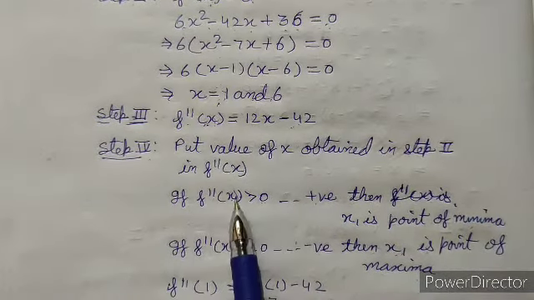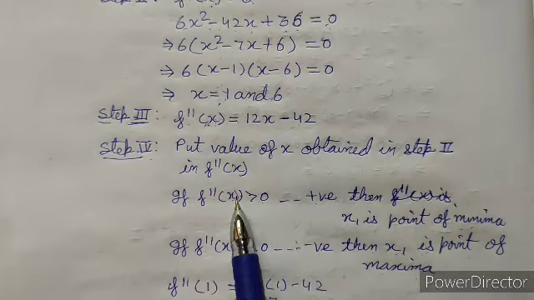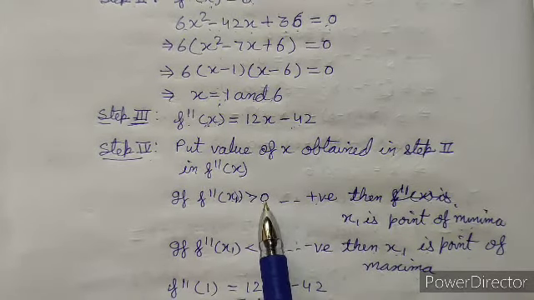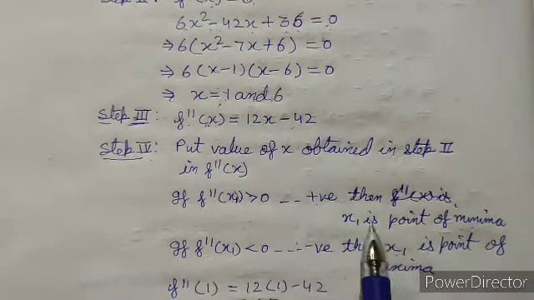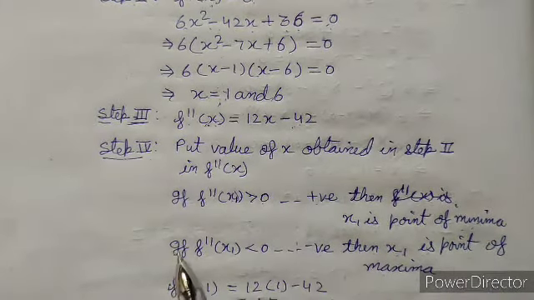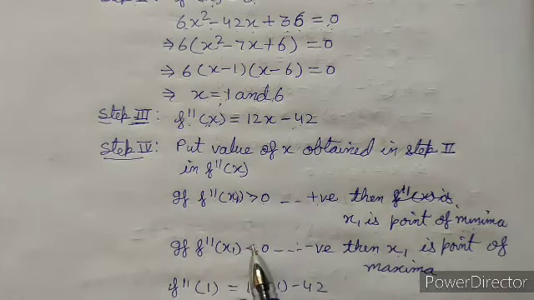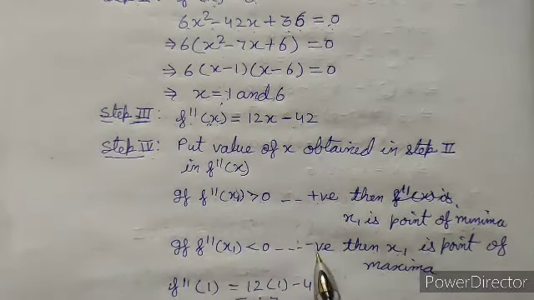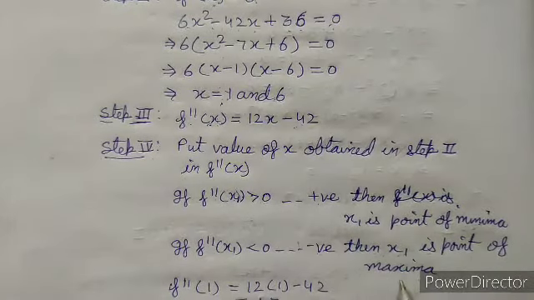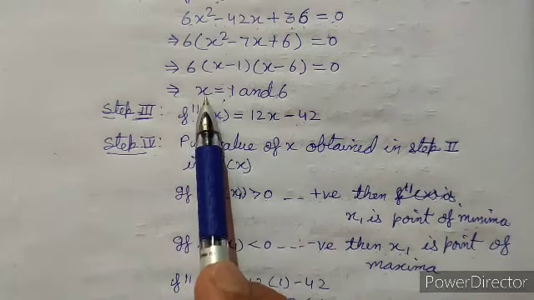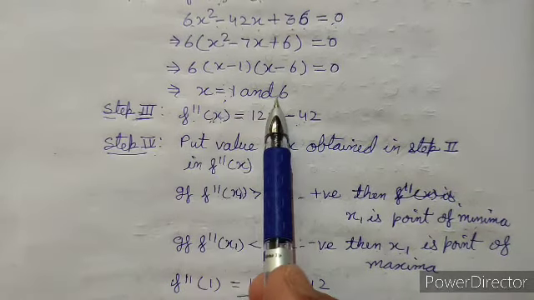Now if on putting x = x1, we get f''(x1) greater than 0, then x1 is a point of minima, and if f''(x1) is less than 0, or we are getting it as negative, then x1 is a point of maxima. Here we have obtained two values of x, that are 1 and 6, in step two.